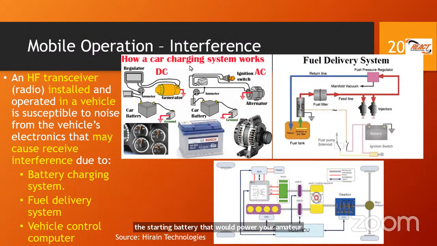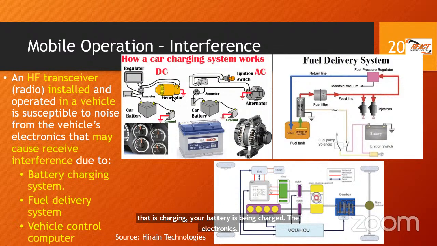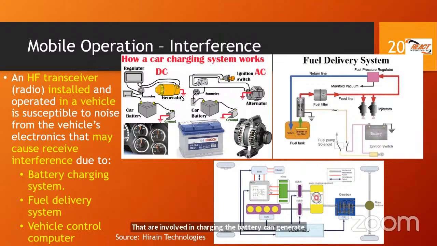When your battery is being charged, the electronics that are involved in charging the battery can generate interference or noise that will manifest itself as all sorts of interfering audio, snap, crackles, and pops that you may hear when you're listening, when you're receiving, and also sometimes when you're transmitting. The other party could sometimes pick up that noise as well.